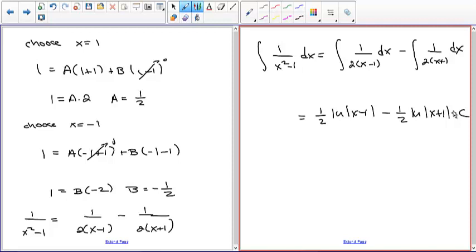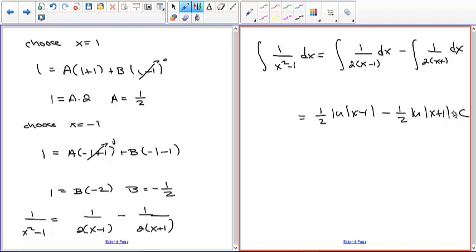What I'm doing is letting u equal x minus 1, but dx is just du, so you don't get any factors or sign differences. So the integral of 1 over x plus anything is the natural log of x plus anything. There's no point in making it longer than it needs to be.